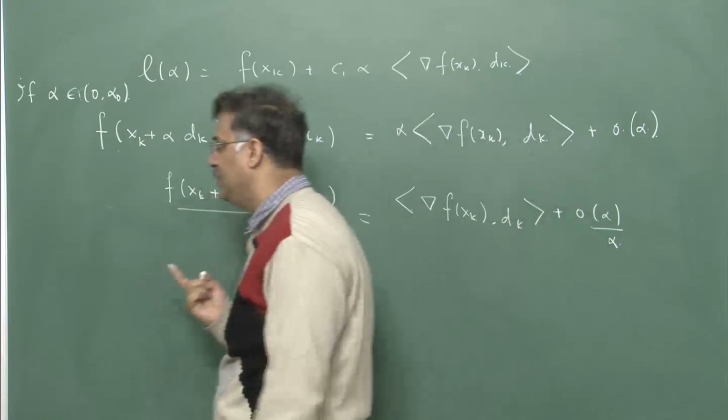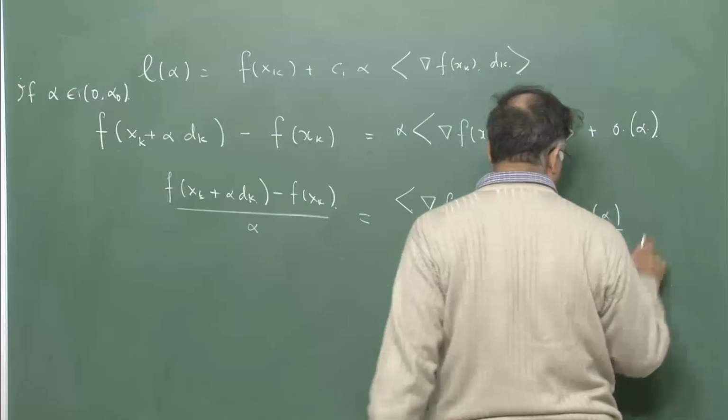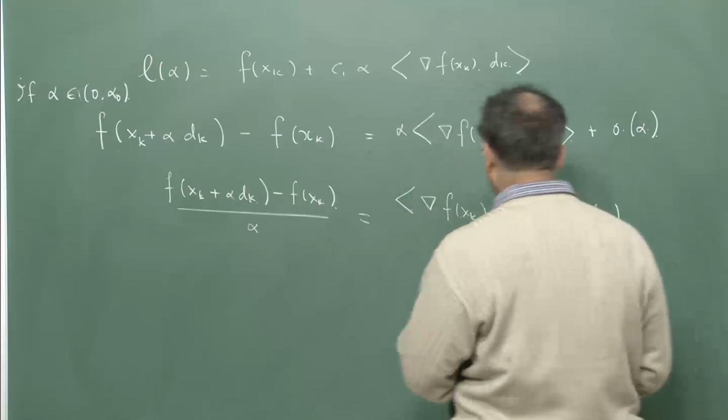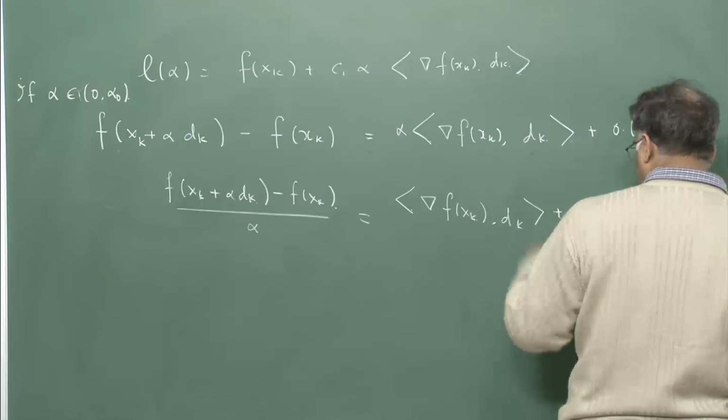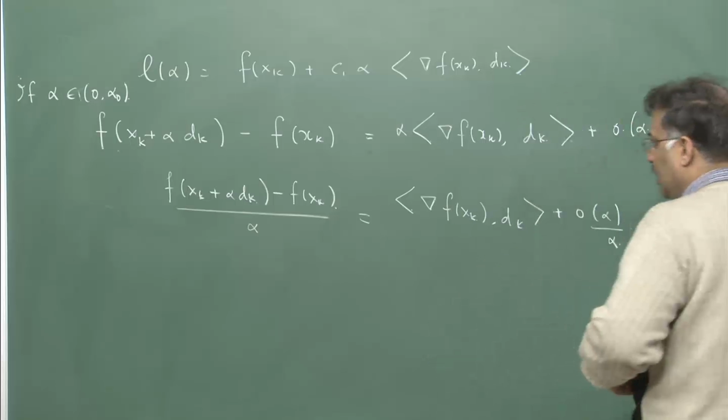Now this is true for any alpha. If I make alpha very small, I can make this thing very small, and this negative part will overrun this even if it is positive. So this will basically become negative.